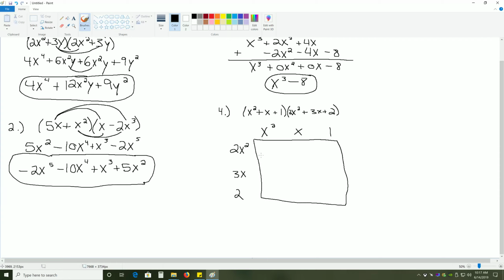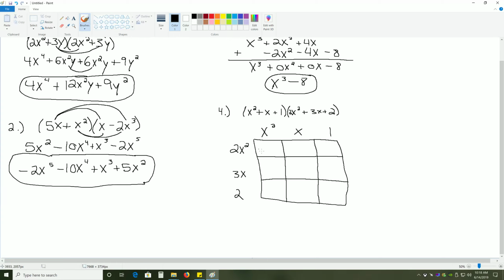For every row you have, you're going to make a row in the box. So we make a row for the 2x squared, a row for the 3x, and a row for the 2. So we have 3 rows, 3 terms, and now we're going to make a column for each term. So this x squared gets its own column, and this x gets its own column.